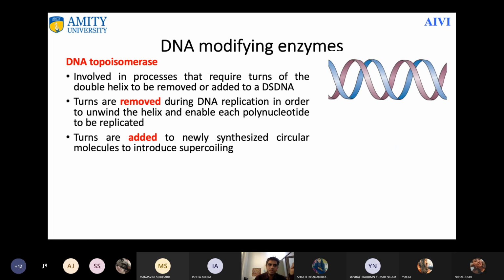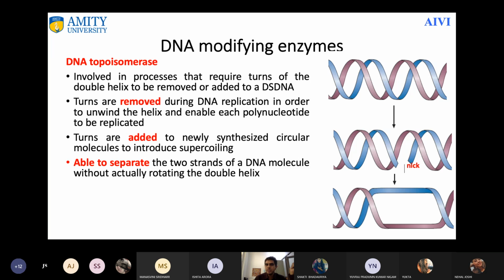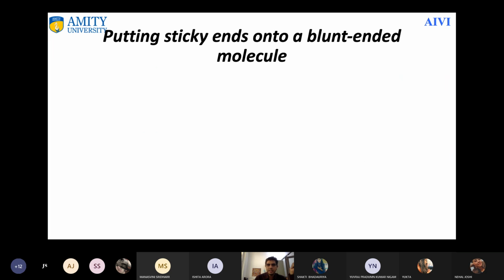Topoisomerase we have already talked about: it produces a nick and relaxes the DNA.